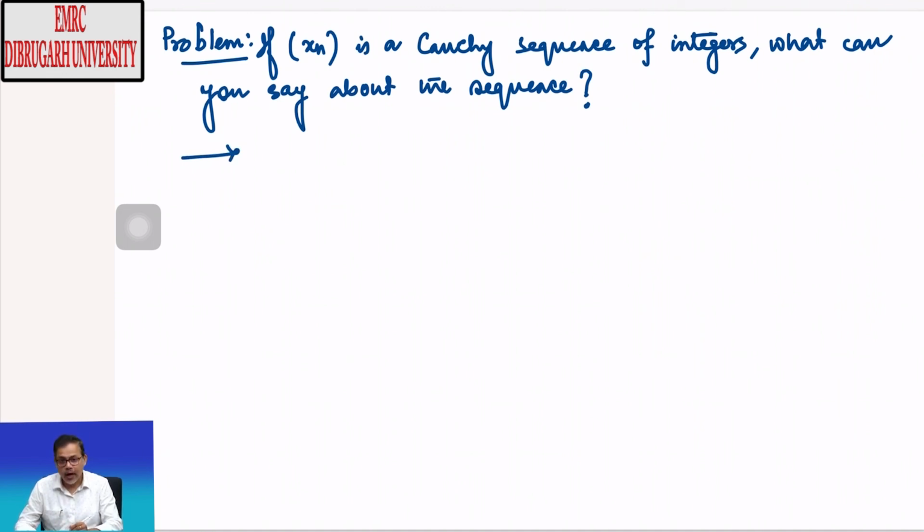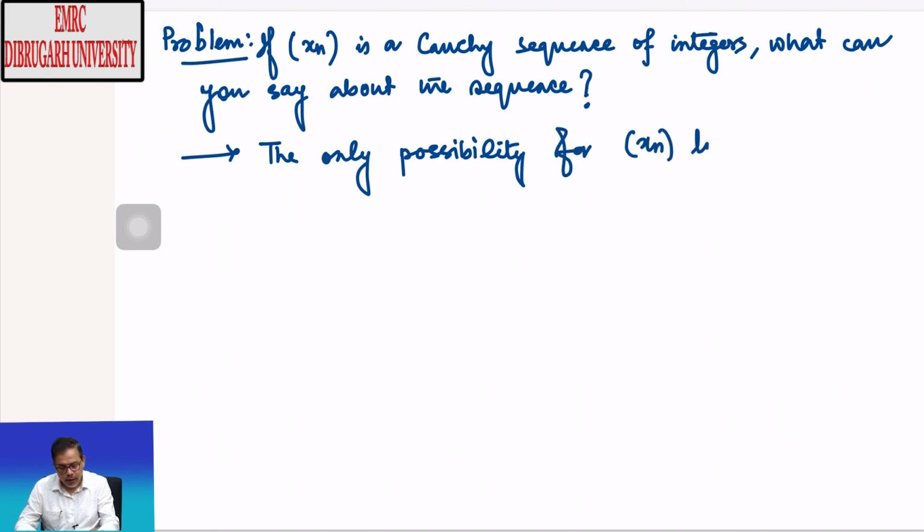This has to be an almost constant sequence. The only possibility for x n to be an almost constant sequence. What does that mean?